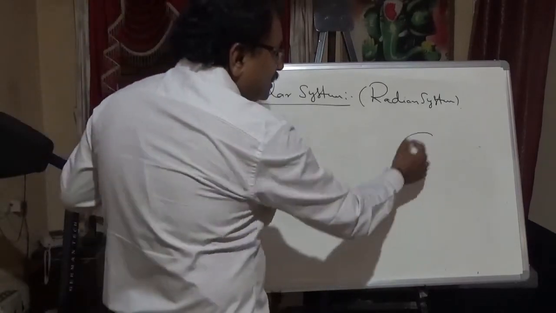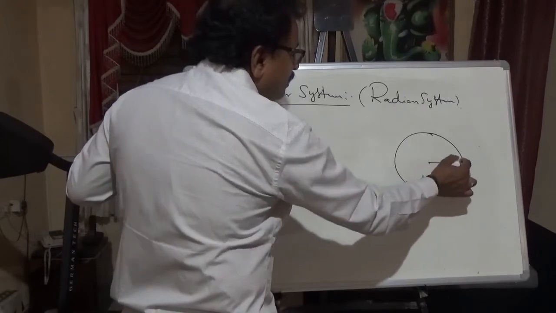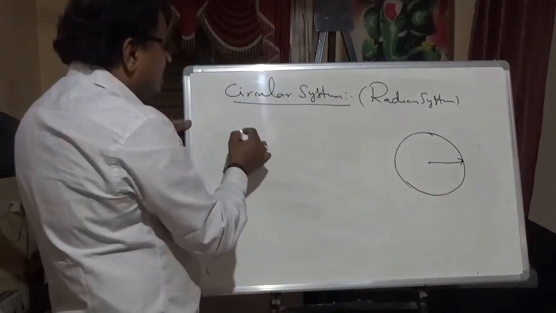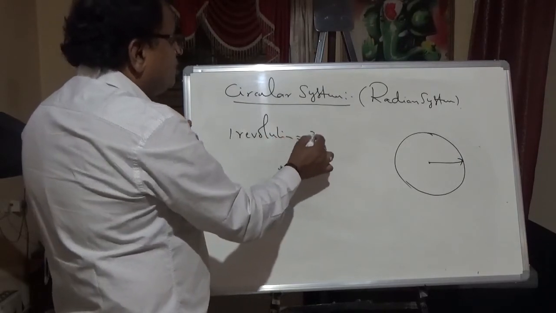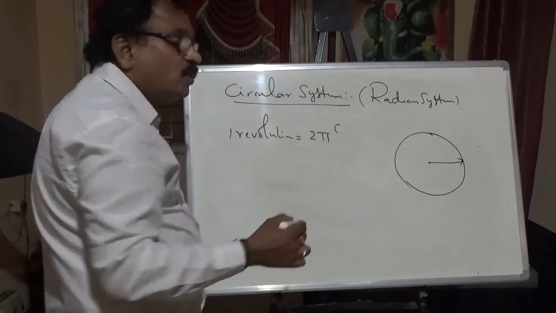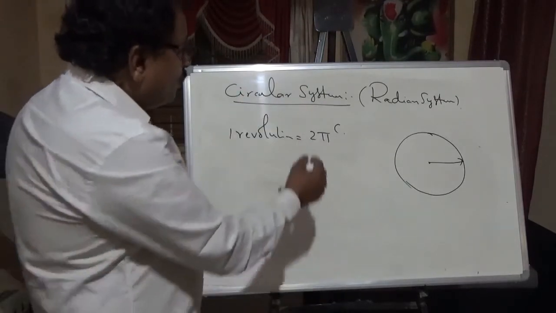Here same, the ray completes one revolution. So one revolution is 2 pi radians. Radian is denoted with the power C on top, that is called radians. 2 pi radians.